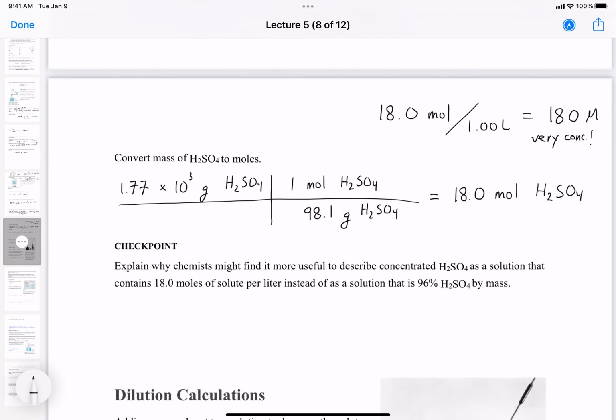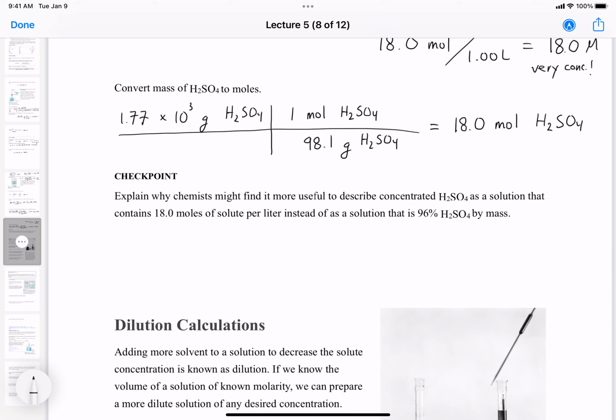Okay. All right. Checkpoint here. Why do chemists find it more useful to describe concentrated H2SO4 as a solution that contains 18 moles of solute per liter instead of as a solution that is 96% sulfuric acid by mass? Thing to keep in mind is that generally it's easier to use molarity.